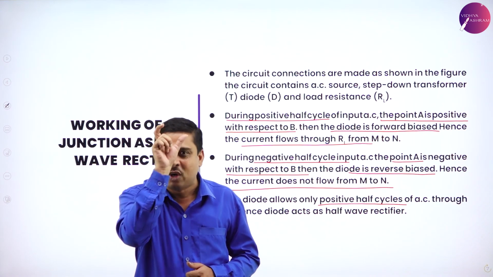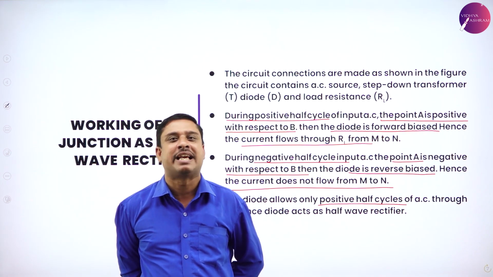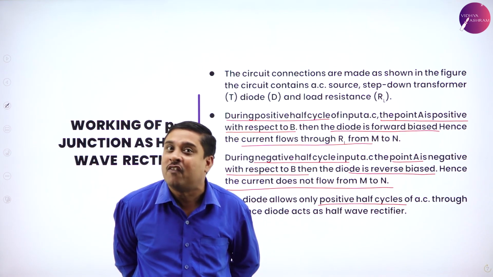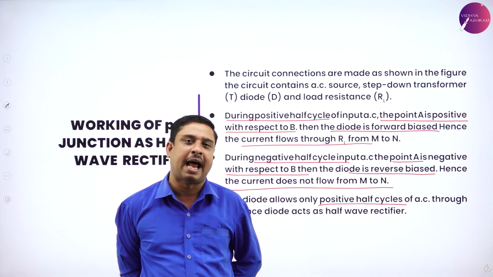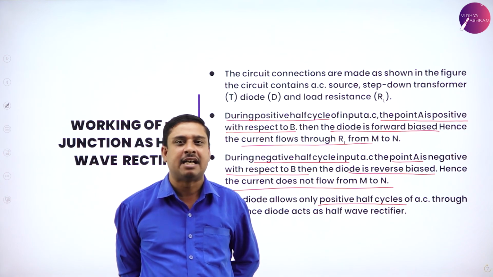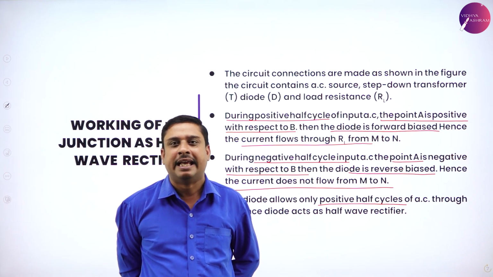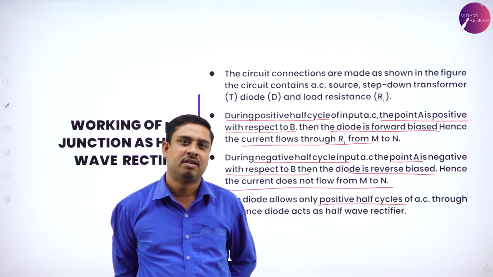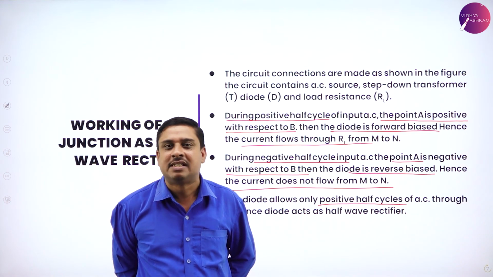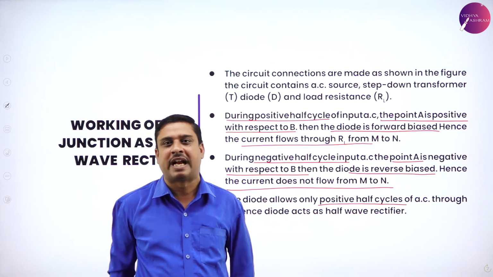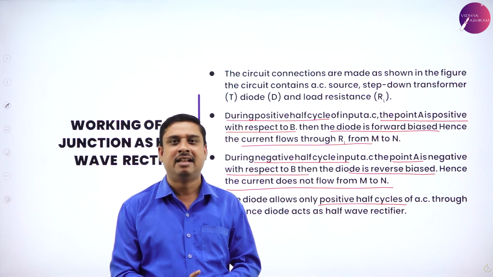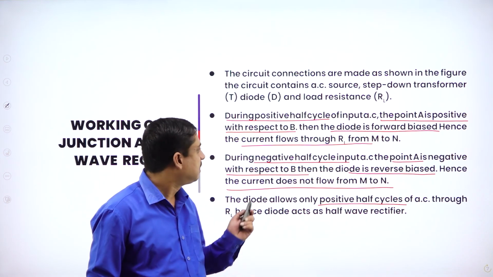Why? Only for a positive half cycle, the diode is forward biased and conduction happens. In the next class, I'll come up with the reverse bias, and with that, we will study full wave rectification. Until then, have a nice time. Thank you.